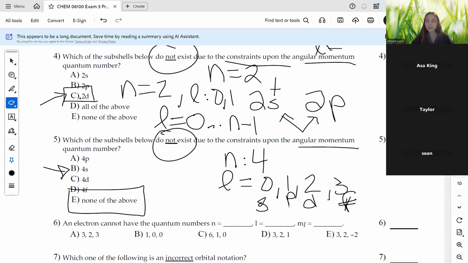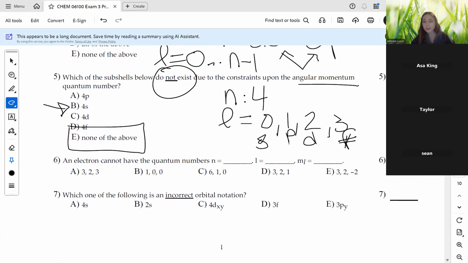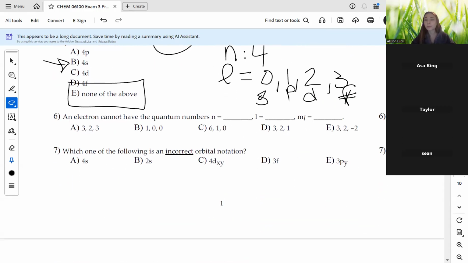All right, so again, just follow that rule. N can be any whole number integer, 1 or greater. So N could be 1, 2, 3. L's can be 0 up to N minus 1. And then here we're going to look at the rule for M sub L, along with the rules for N and L here.